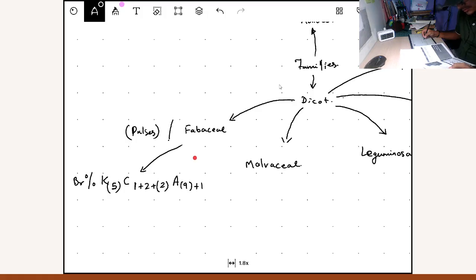Filaments of 9 are fused to form a sheath around the ovary. Dithecous. We have G bar 1, monocarpellary with superior ovary, unilocular with many ovules, marginal placentation, single style.